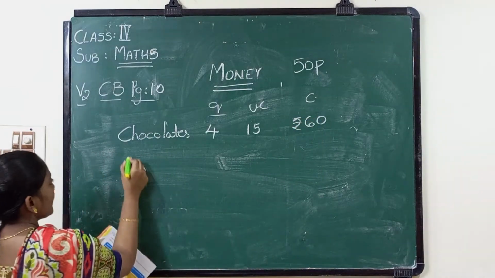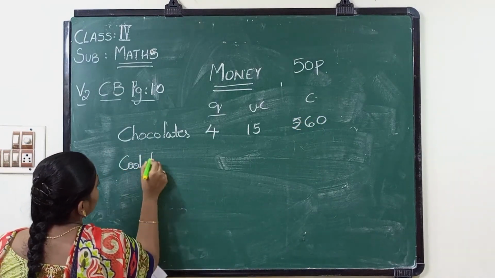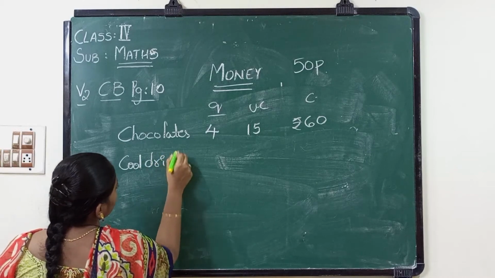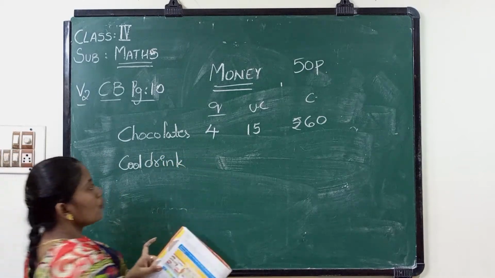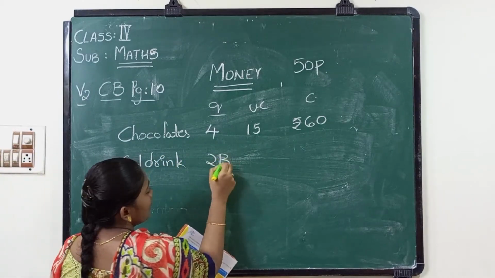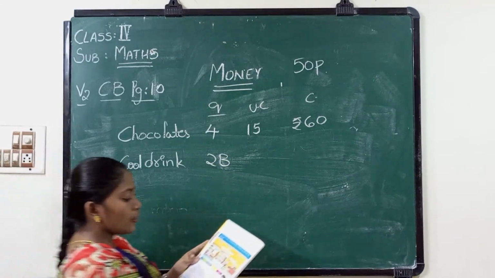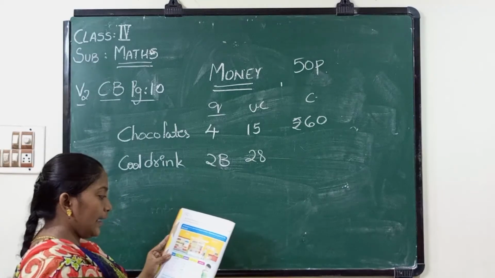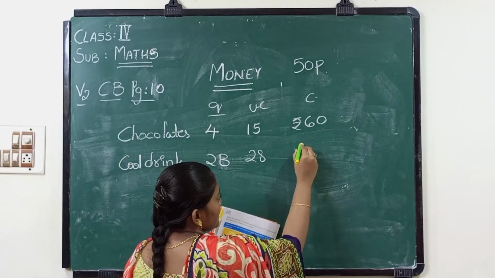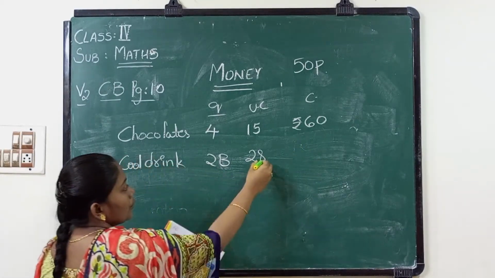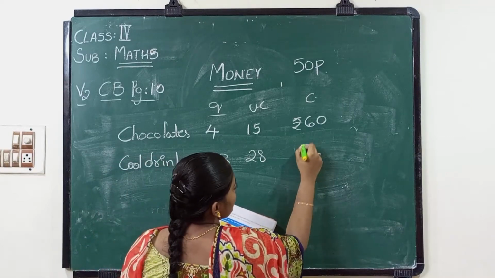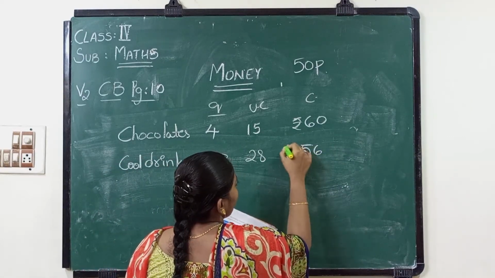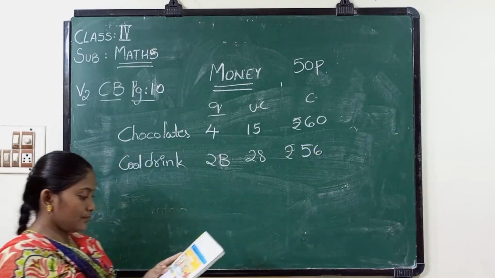Next one, cool drink. Two bottles. Each bottle costs 28 rupees. So how many rupees will it be? 28 into 2, so it is 56 rupees.